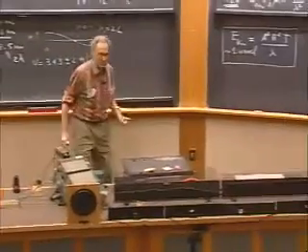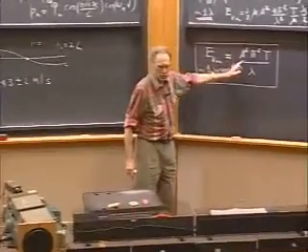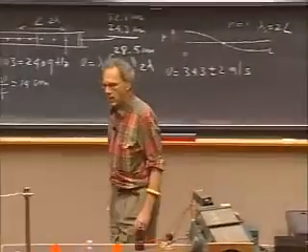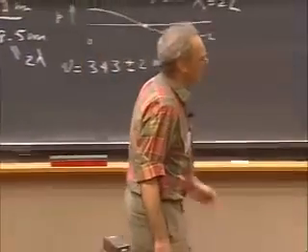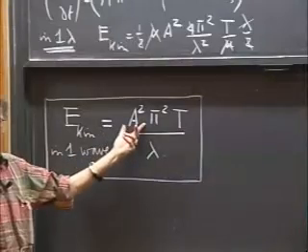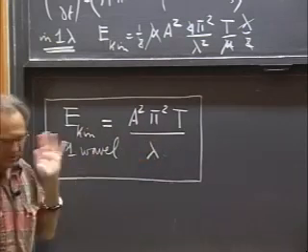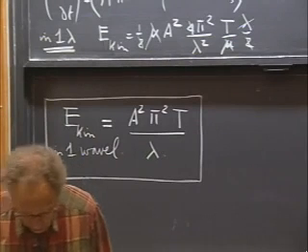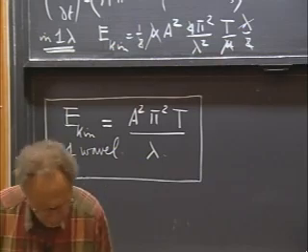I do know that the energy in a wave is always proportional to the amplitude squared. You're going to see that when we do electromagnetic waves in 8.03, it's always proportional to A squared. That's the only one for which I have a feeling, but I know it's got to be there. And the rest, I will leave you to see whether perhaps you can talk yourself into understanding why you see the symbols where they are.